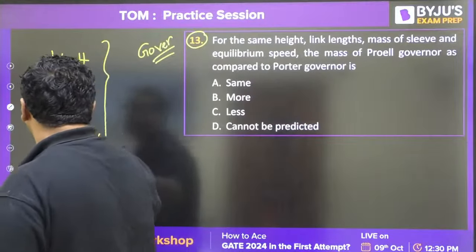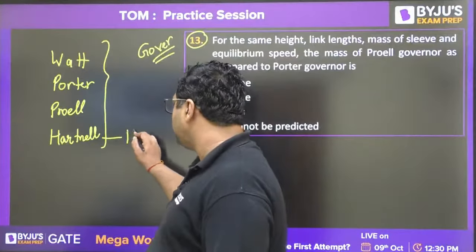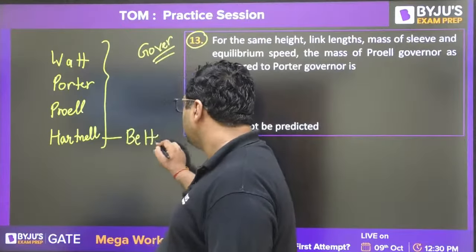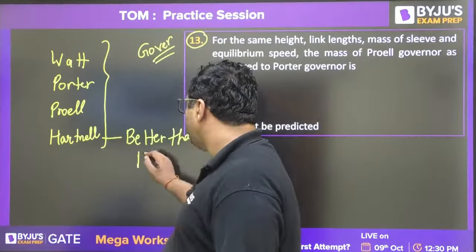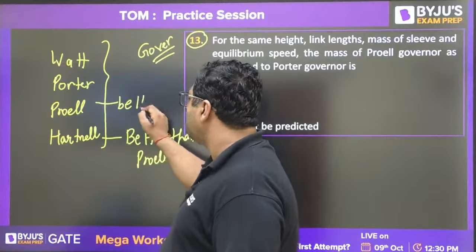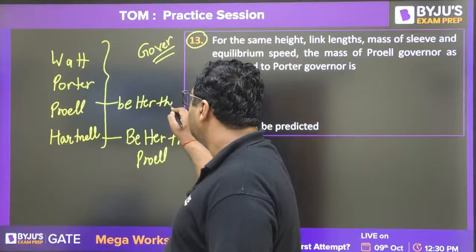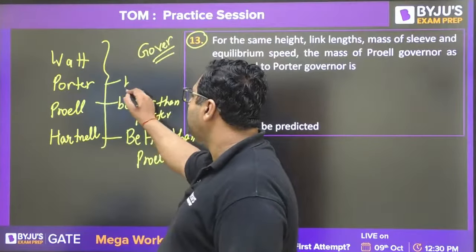Out of these governors, this is better than Proell. Proell is better than Porter. Porter is better than what?